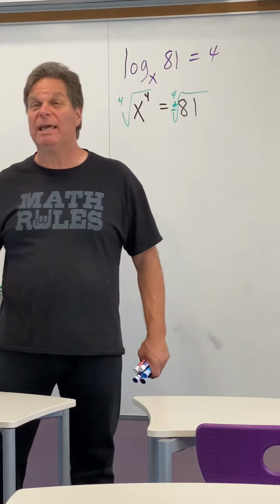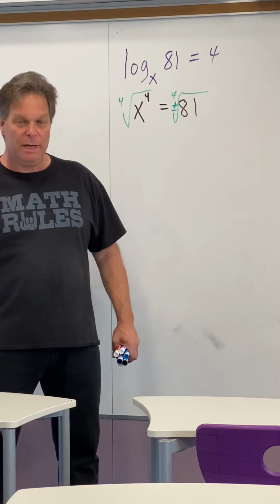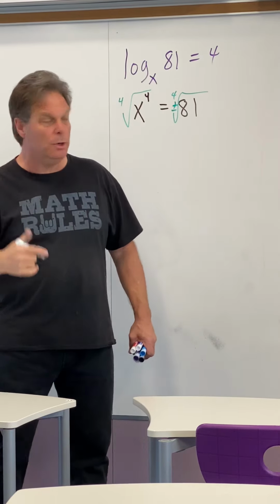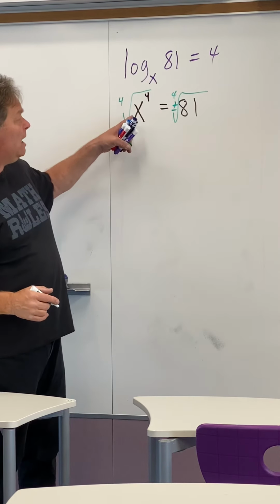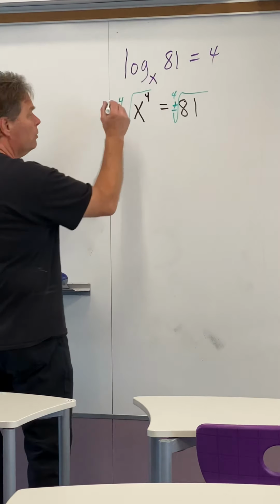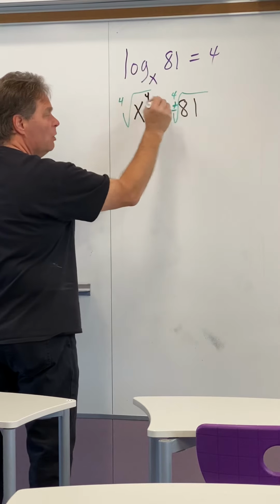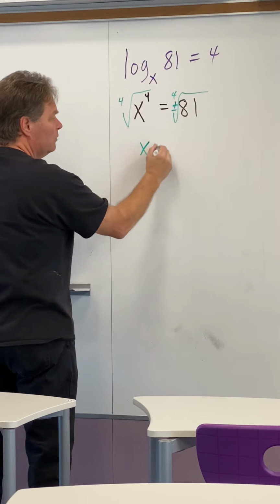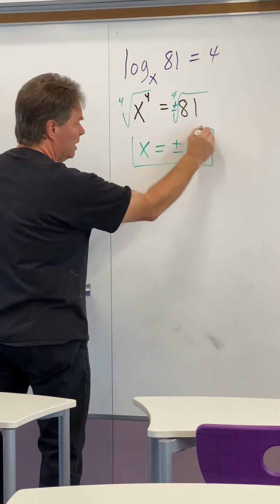If you take an even root of both sides, any square root, 4th root, 6th root, 8th root, you need to throw in the plus or minus, because negative 3 to the 4th power would also give you positive 81. So when you're taking the even root of both sides of an equation, don't forget the plus or minus. So x is plus or minus 3, positive 3 and negative 3, 2 solutions.